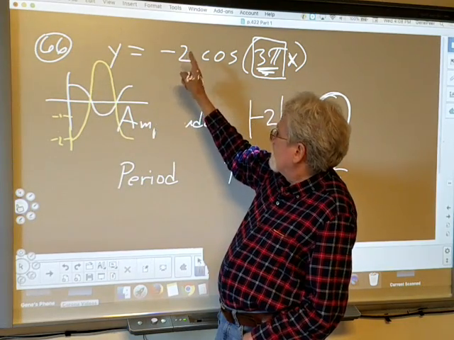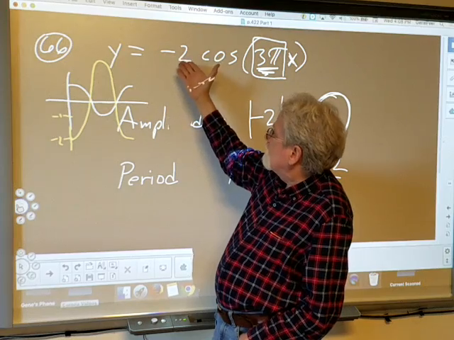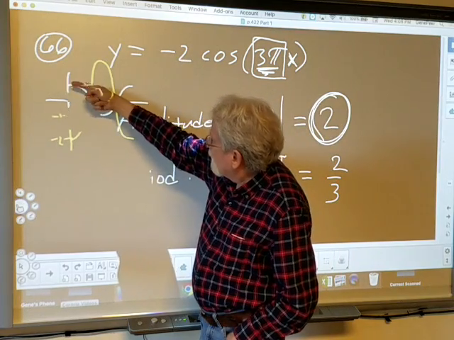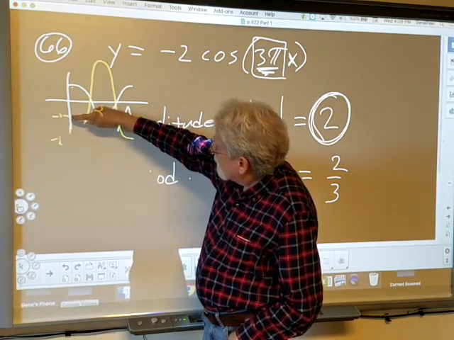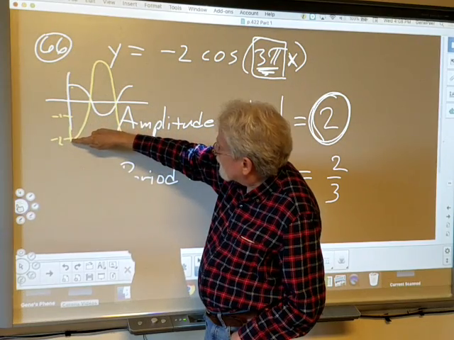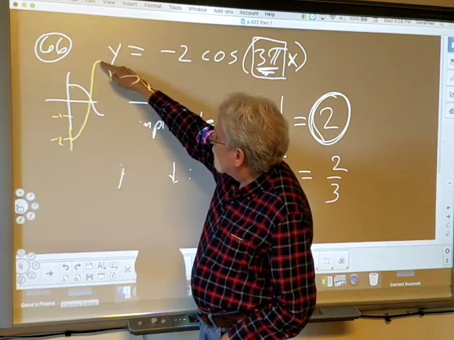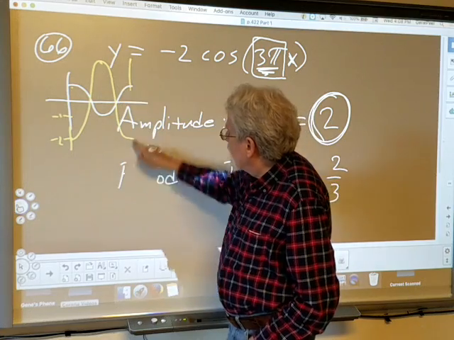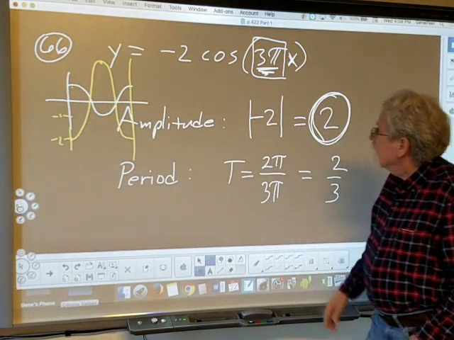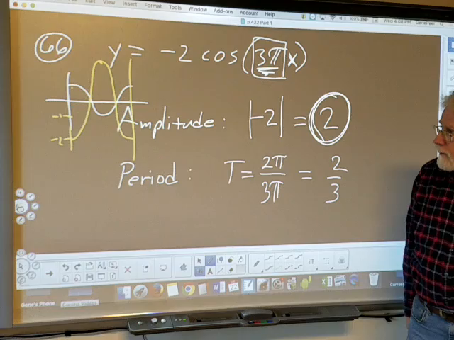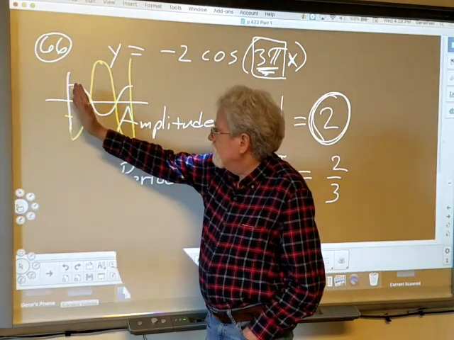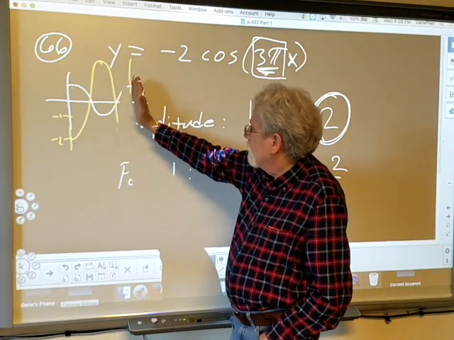So the function of the negative 2 is that it flips it upside down and moves the minimum point to negative 2 and moves the maximum point to positive 2. We still have the same period, which in this case turned out to be 2/3. So that would be 0 and 2/3 is there.